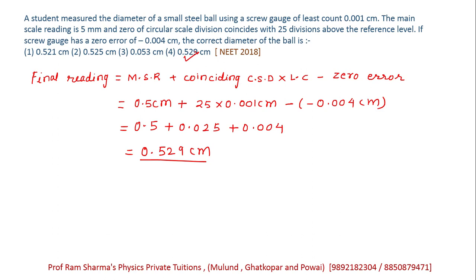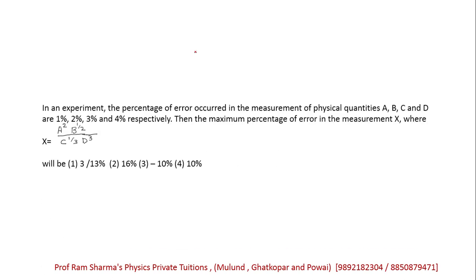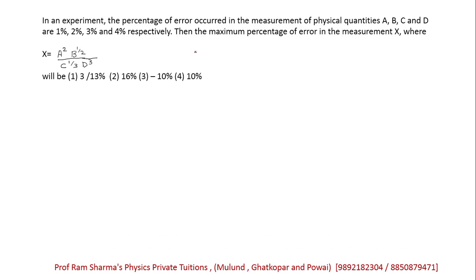This is the answer. And let's do the next sum, the last sum on measurements, that was asked in NEET 2019, the latest, right? And it's the same as what was asked in NEET 2013. So let's see.